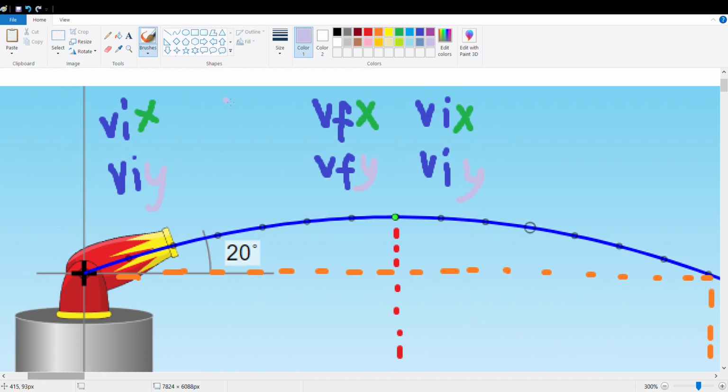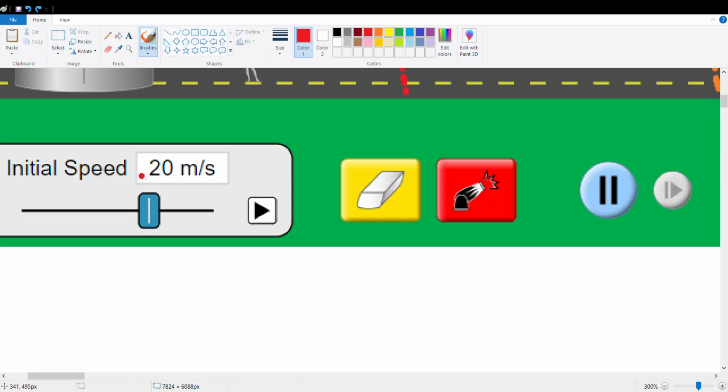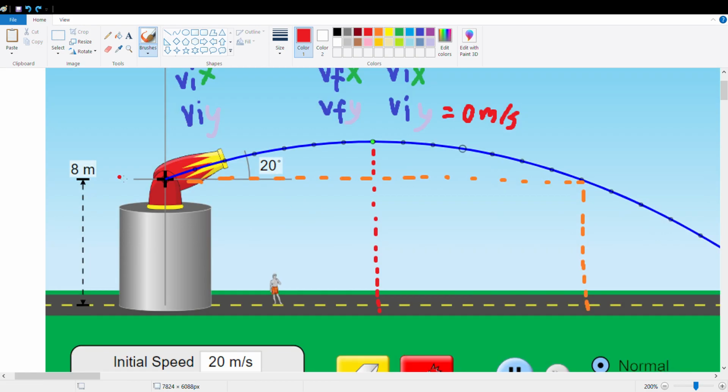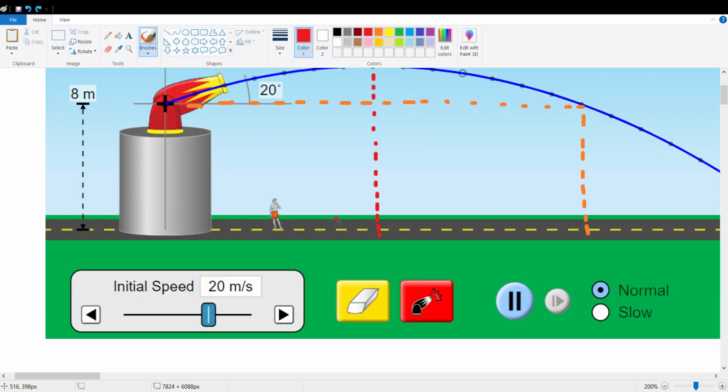So this one's pretty easy. The peak is just 0 meters per second. And for the VFX and everything that is X, we will solve it. Our given here is an initial speed of 20 meters per second and an angle of 20 degrees.